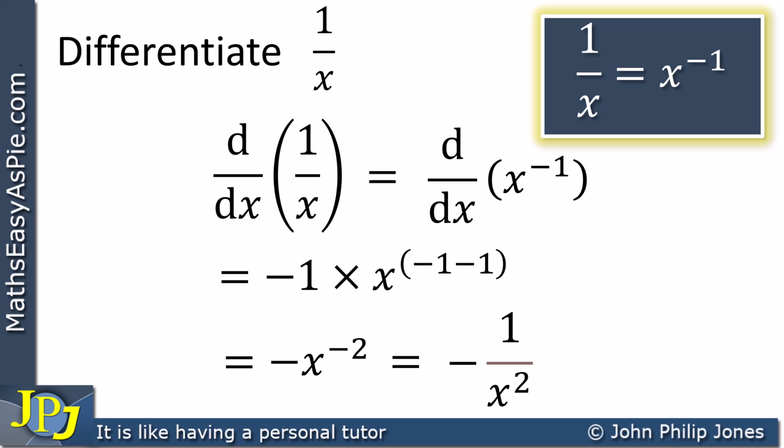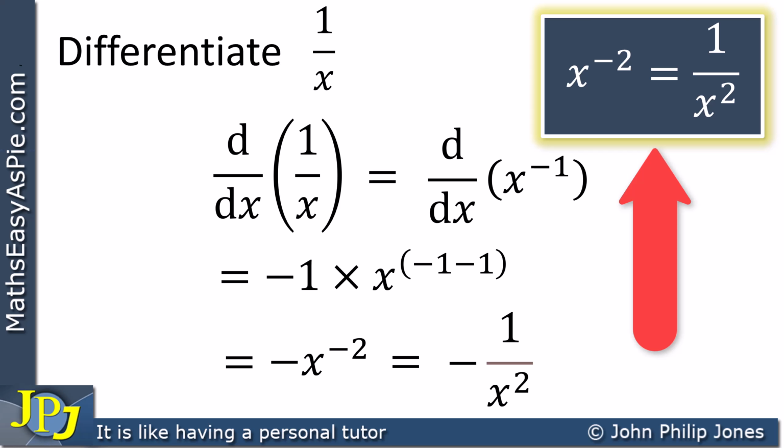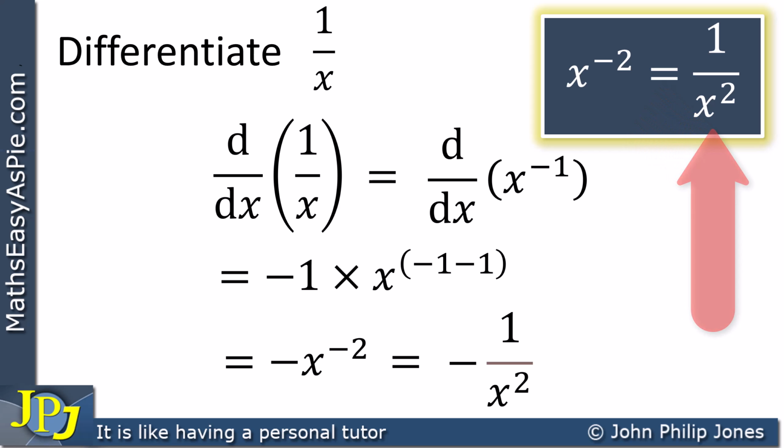In order to understand this step, you need to reflect back on indices. So keep your eye on this area here, and you can see that I'm writing out something else that we need knowledge of from indices. And you can see this is telling us that x to the minus 2 is equal to 1 over x to the 2.